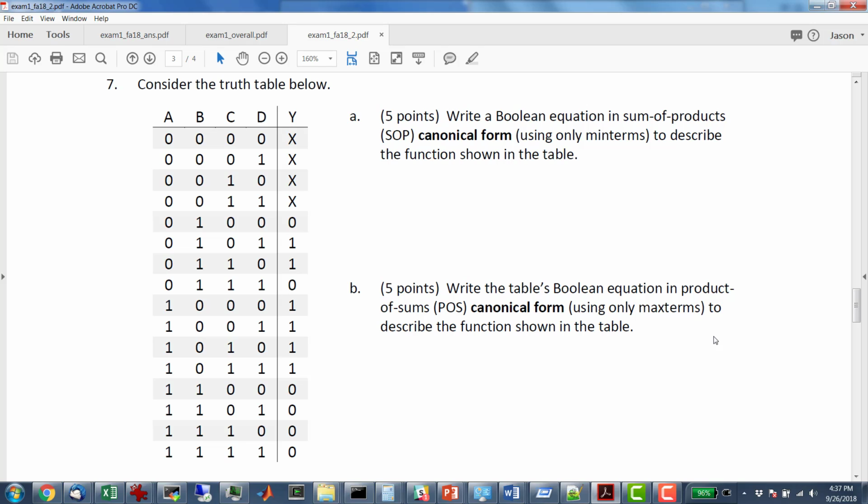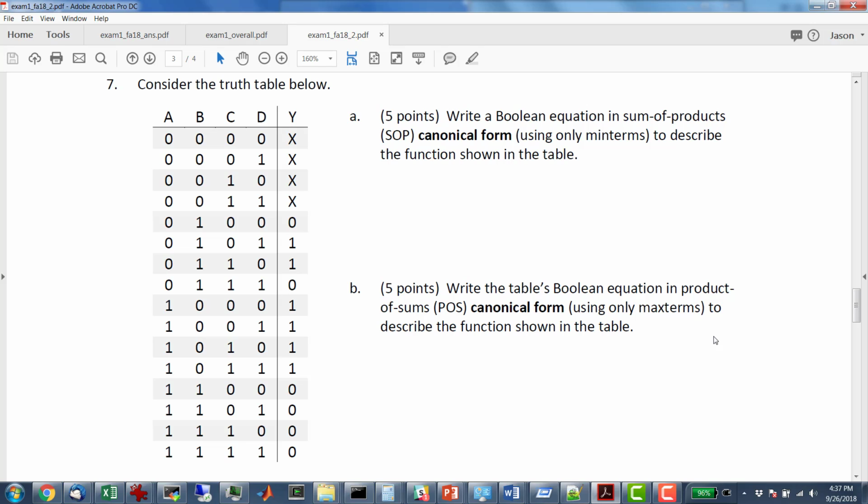Or C or D. Right? And then you would AND that with the next one of the 6, which would be the next 0. So you got to skip down to this row. That would be A or not B or not C or not D, and so on. You do that for the other, so you'll have all 6.